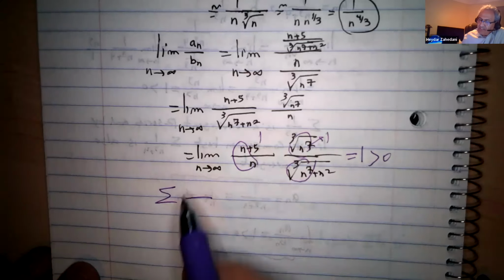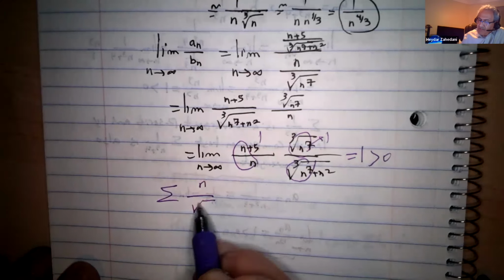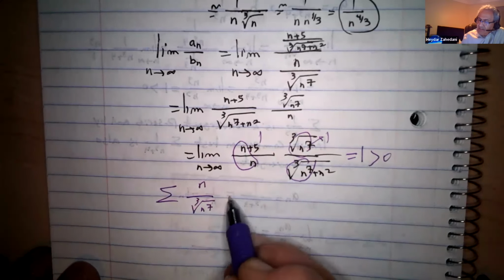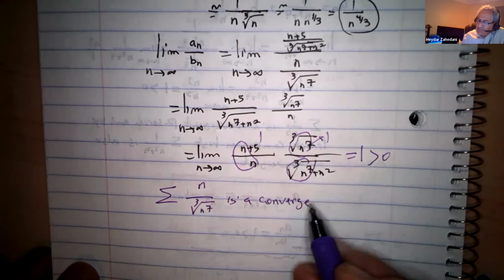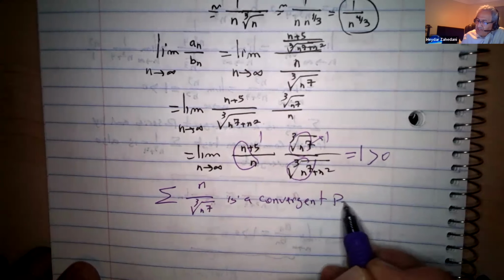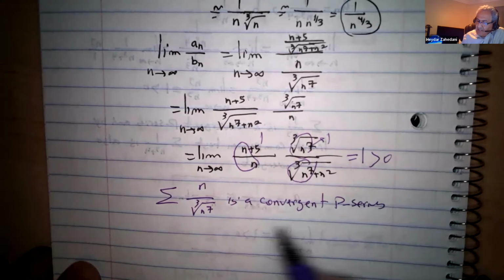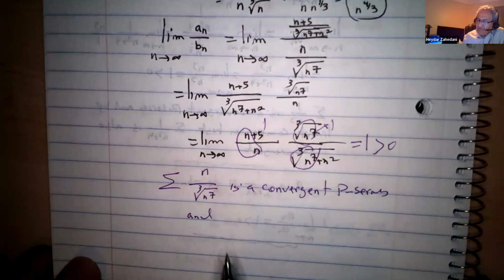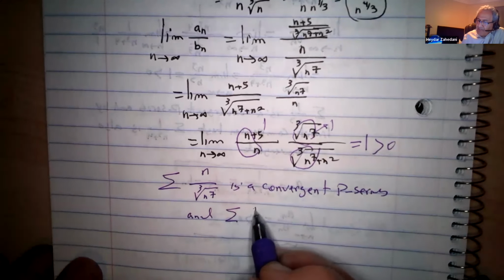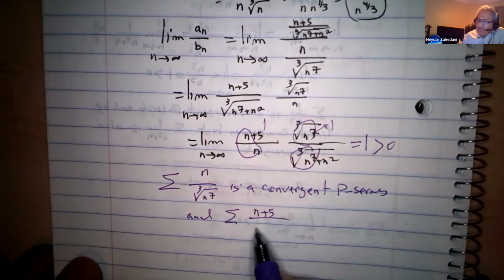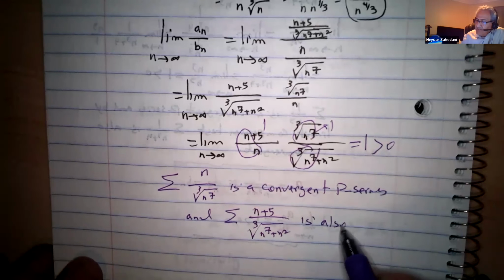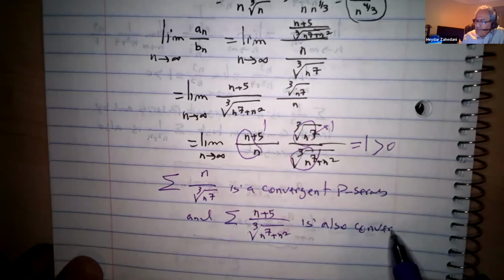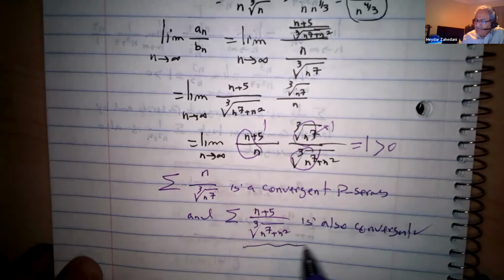So we can say that the sigma of n over the cube root of n to the 7 is a convergent p-series, and so the given series is convergent. Okay, sigma of n plus 5 over the cube root of n to the 7 plus n squared is also convergent. And then you're done.